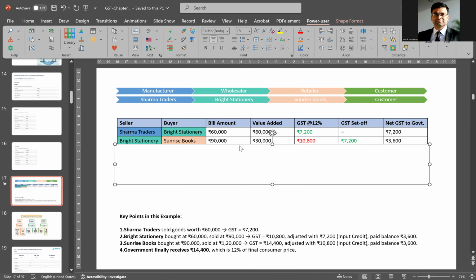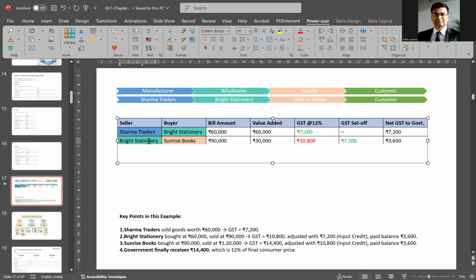So the total GST which Bright Stationery will collect from Sunrise Books will be 10,800. So the invoice will be 90,000 plus 10,800, which is 1,00,800... which is 1,00,800 rupees, right? However, when Bright Stationery pays to the government, it will pay 10,800 minus 7,200, which he has already paid. So he will net pay 3,600 rupees only.